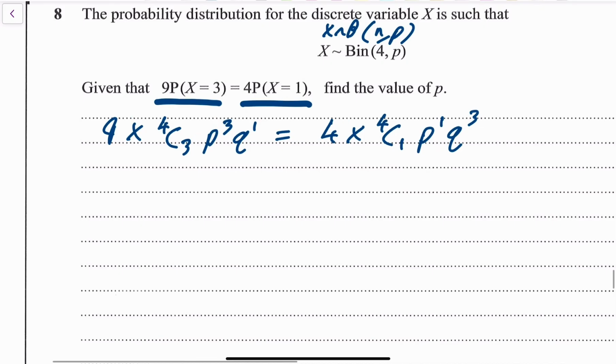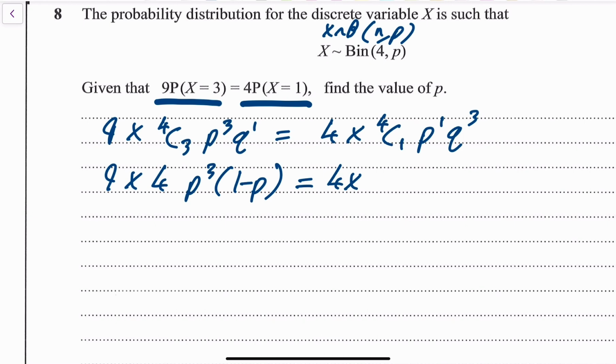Now, we need to just do 4C3, you can do that in your calculator, that's just 4. Then p cubed, and the q is the same as 1 minus p. So it's either success or failure. If p is the probability of success, failure is 1 minus p. Then 4C1 is also 4. And then that's p, and that's 1 minus p cubed.